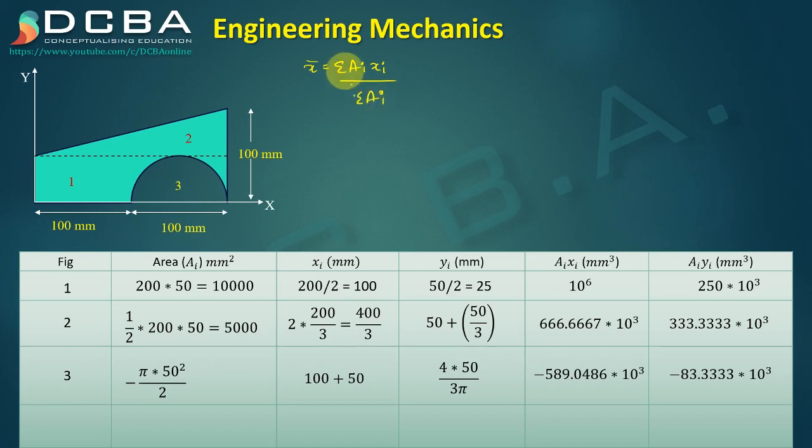All of them are summation, so I have to take the summation of area. This will be summation ai. Then summation ai xi means you have to take the summation of this column, and then summation ai yi is this column. Okay, now we just have to substitute in this formula, that's it.